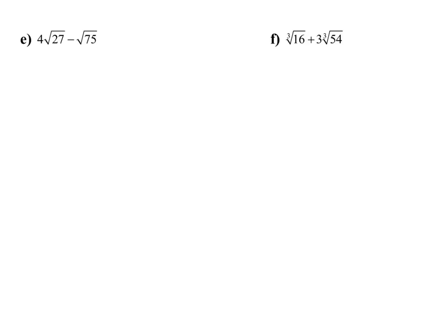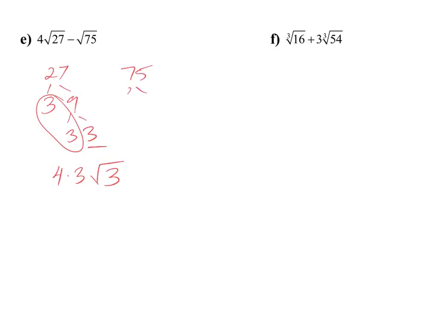I'm going to take the 27, make a prime factor tree. Okay, I got a pair of 3s, so I have the 4 that I originally started with. I'm pulling out a 3, and I have a 3 left over. Then 75, starting with the smallest prime, I have 3 times 25, and 5 times 5.